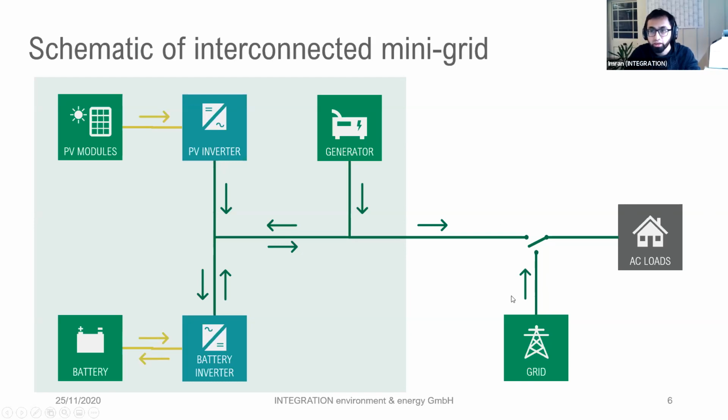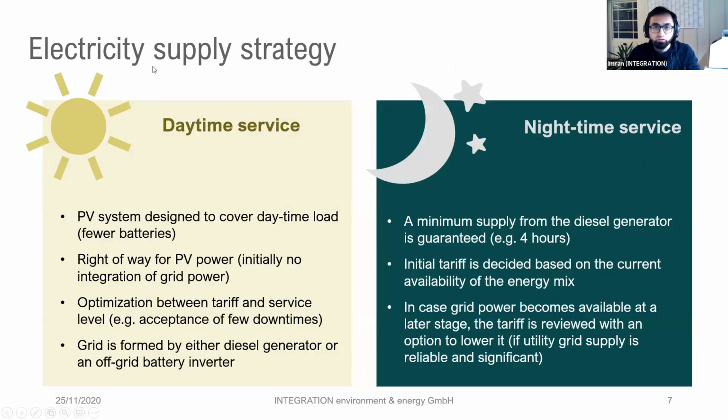And eventually, in advanced cases, you can also have the mini grid or the interconnected mini grid feeding power to the grid as well, if the regulation allows for that. In terms of the electricity supply strategy, how is this beneficial? The idea is basically that you would design a system which is benefiting from renewable generation during daytime.